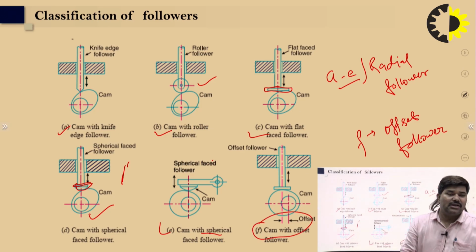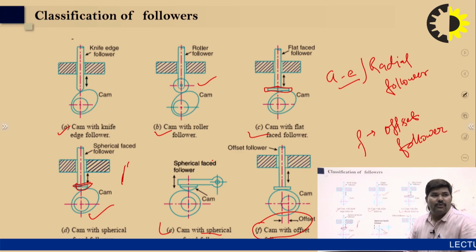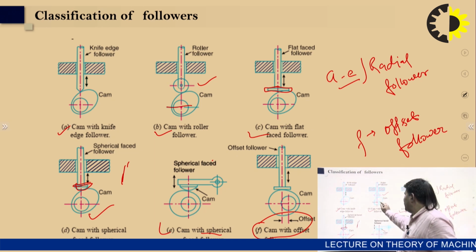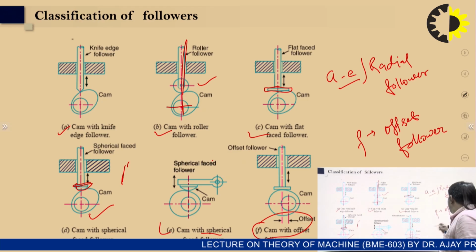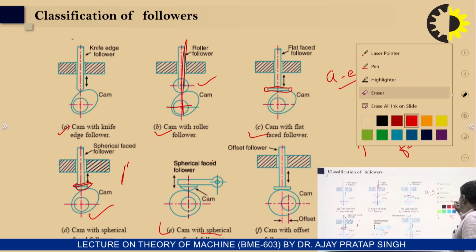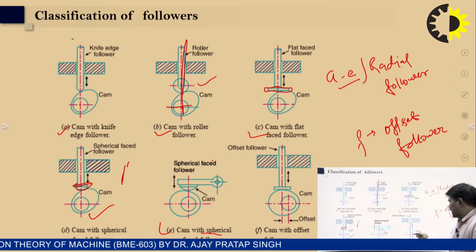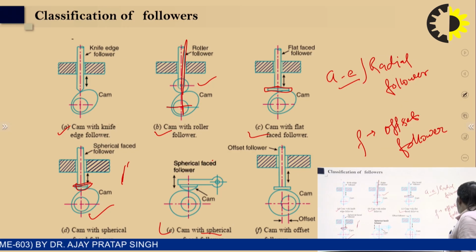What is the difference? The difference is the line of action of the cam and the follower. The center line of the cam and the line of action of the follower are the same in the radial follower. In the offset case, the axis of the cam center is here, but the axis of the follower is here.